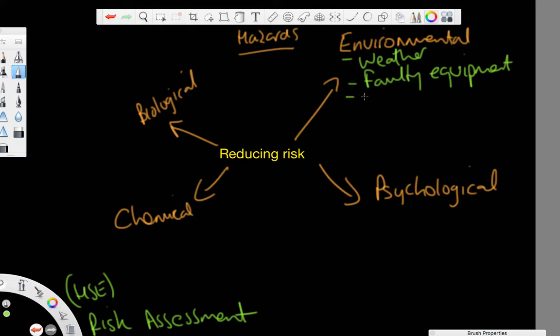I hadn't sorted the equipment properly, so a student nearly injured themselves. Didn't, but nearly did. You could have issues with clothing or jewellery, hair, anything like that. So clothing or jewellery could be a type of environmental hazard, with the participants wearing it.